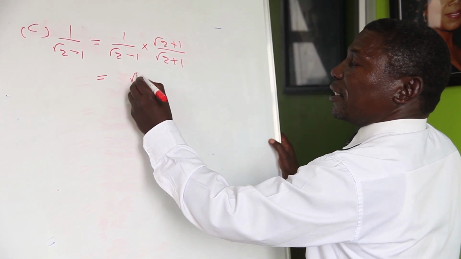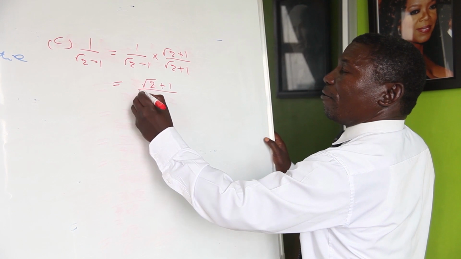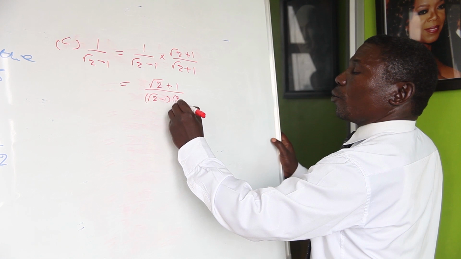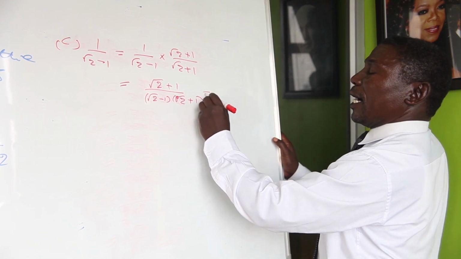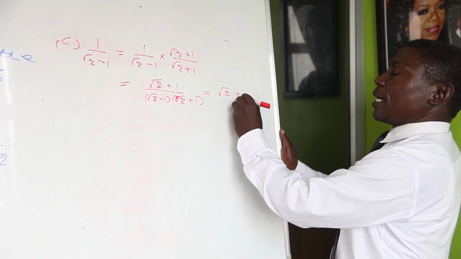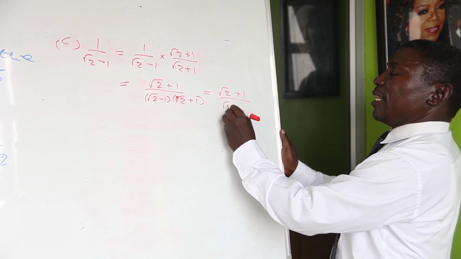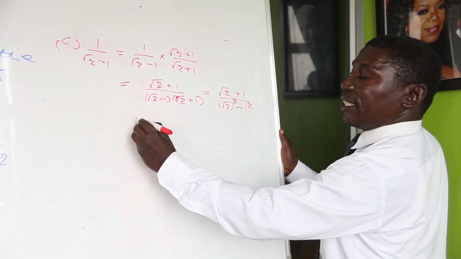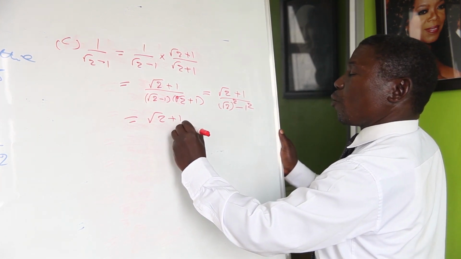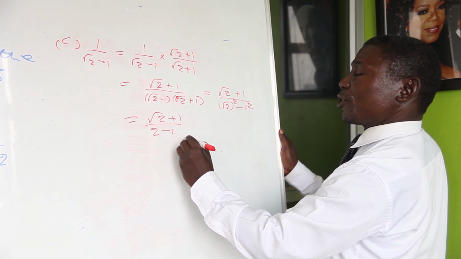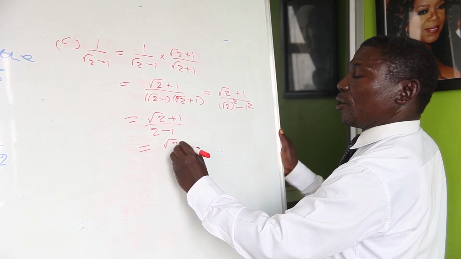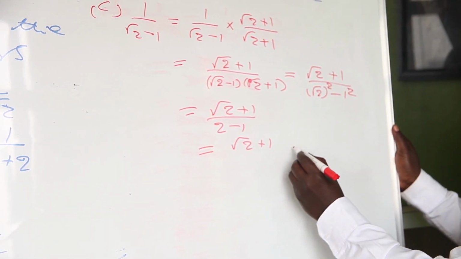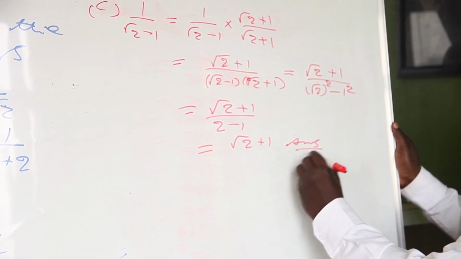We have root 2 plus 1 over root 2 minus 1 into root 2 plus 1, which gives root 2 plus 1 over the square of this minus the square of that. So we have root 2 plus 1 over 2 minus 1, and the answer here will be root 2 plus 1. So the denominator is 1. It is no longer irrational. It is now a rational number.